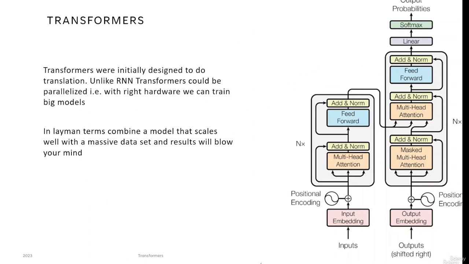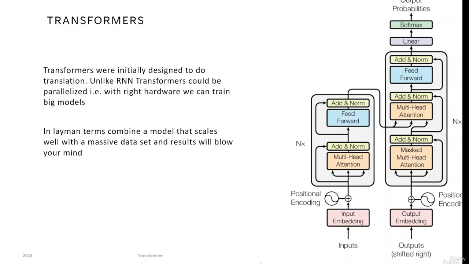Transformers were initially created by Google with a Canadian university, if I remember right. The initial purpose it was designed for was translation. Unlike RNN, transformers could be parallelized.